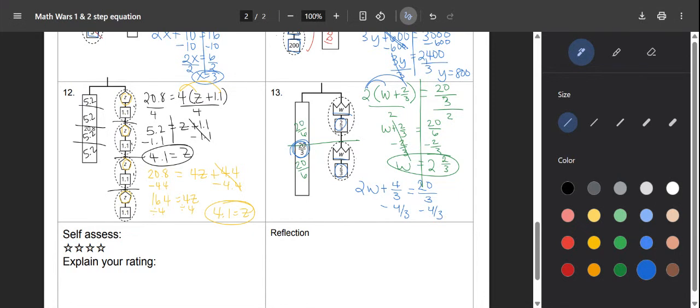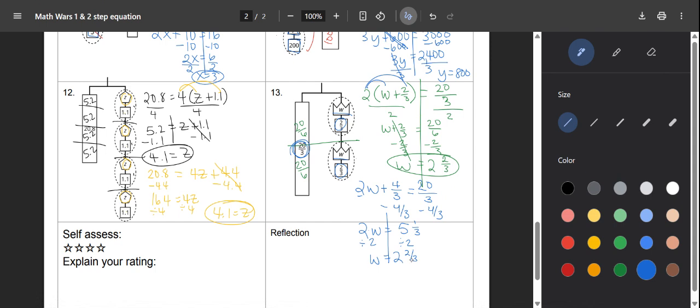That's going to get me 16/3, or I can call it 5 1/3. So that's 2 W's still. Now to get rid of that 2, this is being multiplied, so I would divide by 2. And W equals 2 and 2/3.